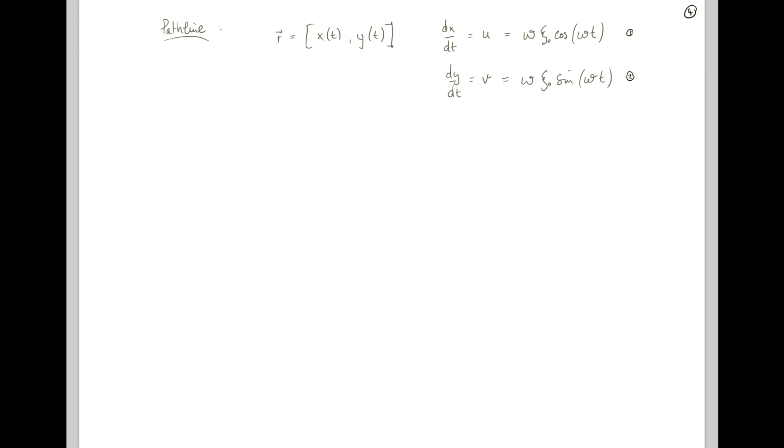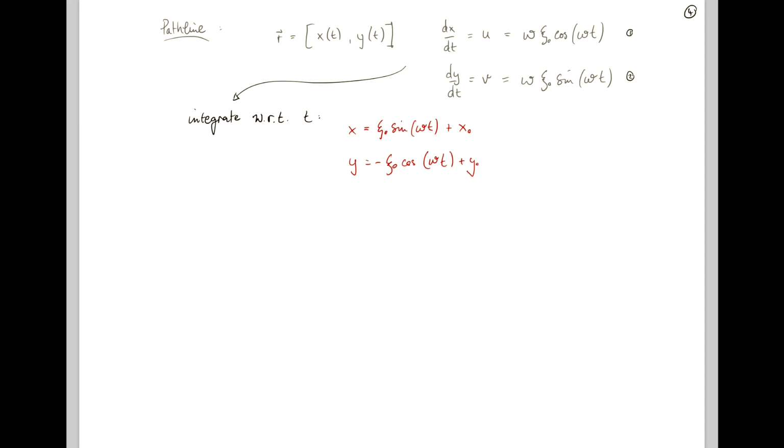We can integrate both equations with respect to t, and we find x equals psi 0 sine omega t plus x0, and y equals minus psi 0 cos omega t plus y0.